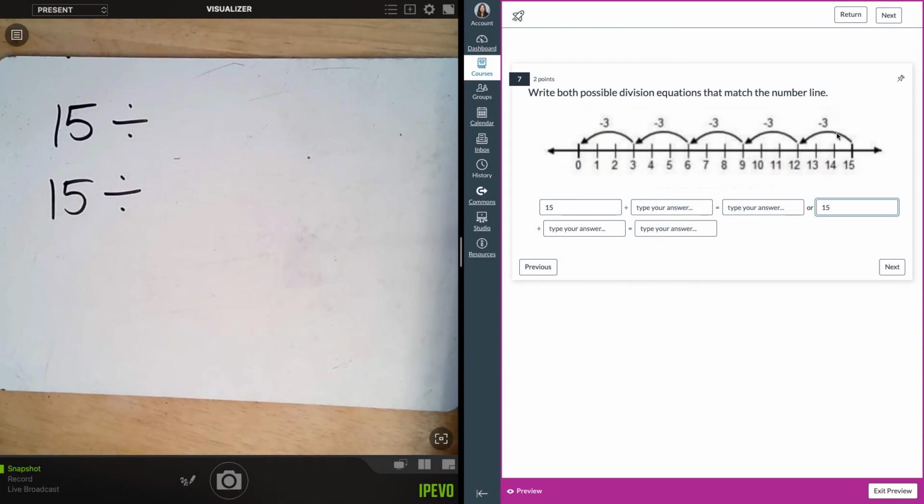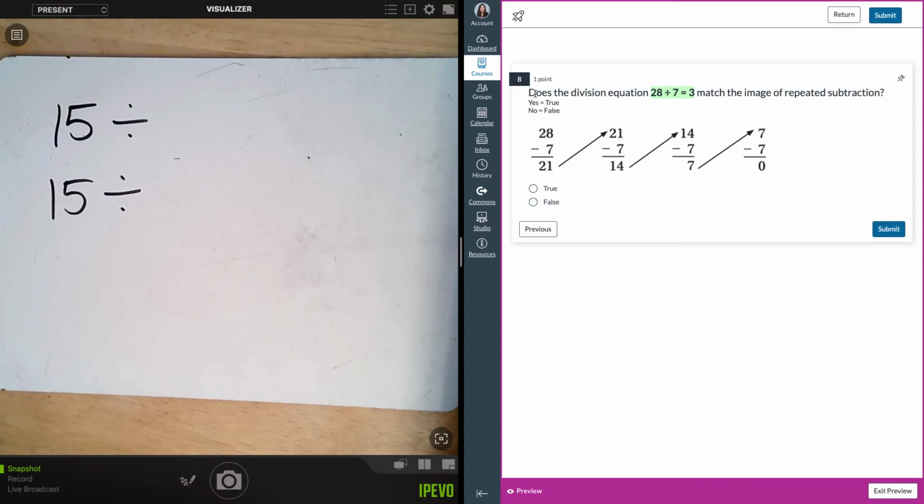So I can either do 15 divided into jumps of 3 equals 1, 2, 3, 4, 5 jumps, or I can do 15 divided into 5 jumps equals jumps of 3. Okay, I hope that made sense. I know sometimes this doesn't format so well, so you have the 15 on the wrong line. So I'm sorry if that was confusing.